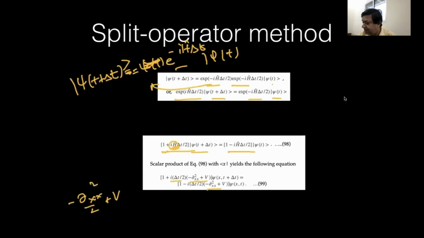In real space, it turns out to be a tridiagonal matrix. Basically the n plus 1 at the later time. So you see here, t plus delta t is the later time, and this is at the given time. Okay, so this turns out to be a tridiagonal matrix. I have not written it here, it's a very similar form.